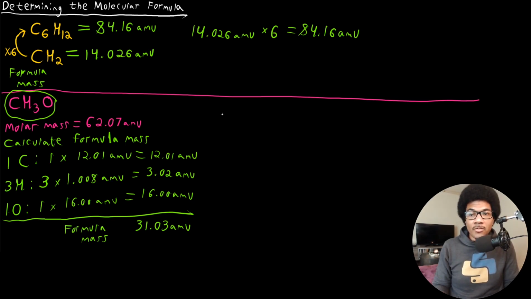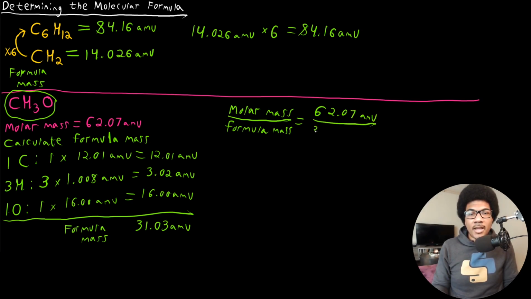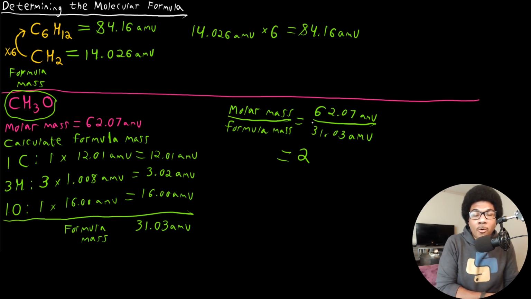We determine a ratio between the formula mass and the molar mass, so we have our molar mass divided by the formula mass. In this case, that's 62.07 AMU divided by 31.03 AMU. That gives you a ratio of 2. So this molar mass is twice as large as our formula mass.